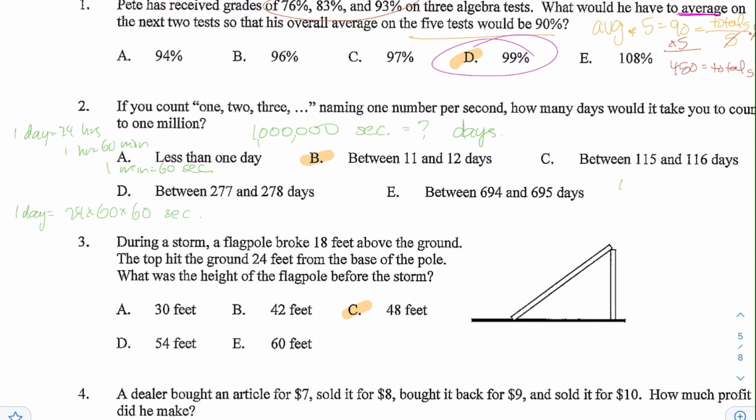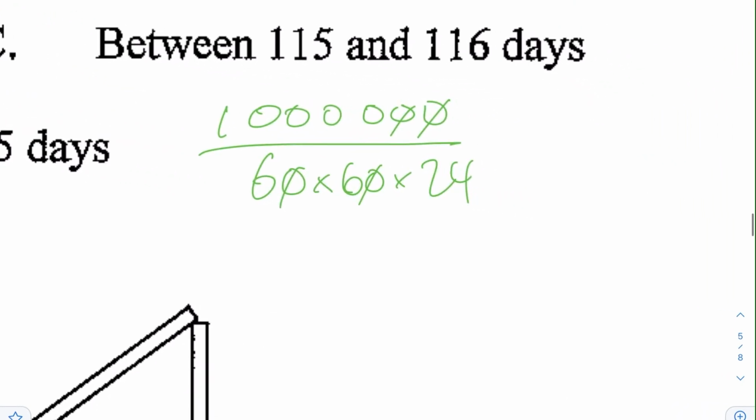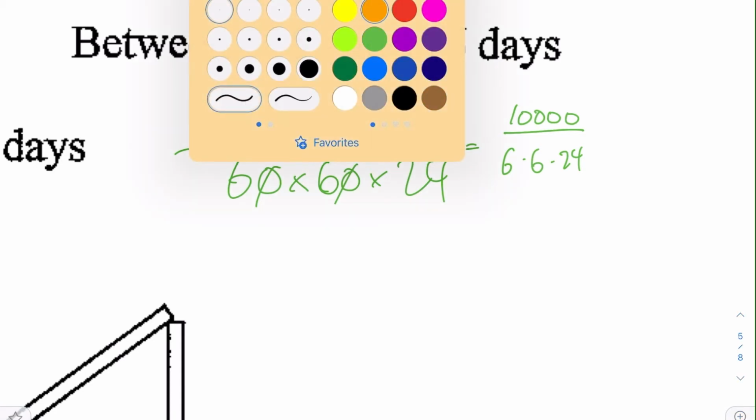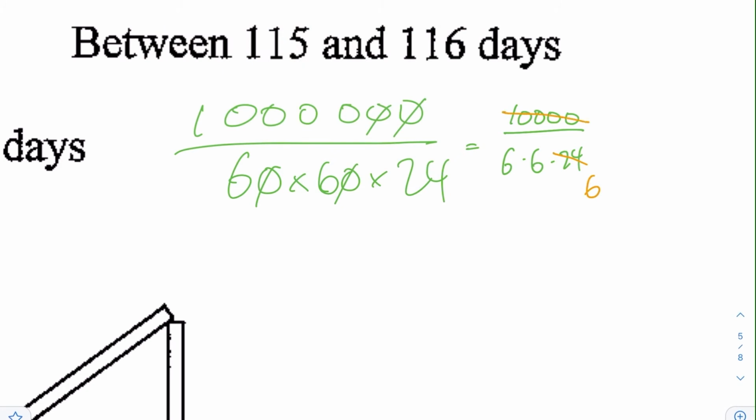So you can cross simplify. So 2 of the zeros will cancel out, and you're left with 10,000 divided by 6 times 6 times 24. So 10,000 you can factor out a factor of 4. That would be 2,500. So then you have 2,500 divided by 6 times 6 times 6.